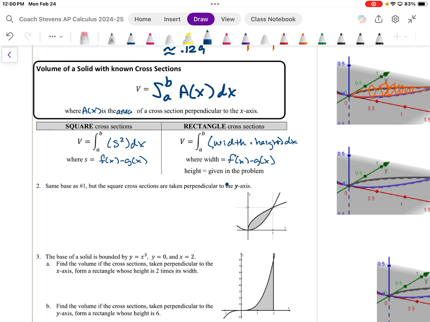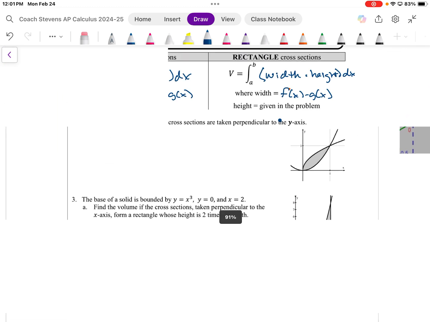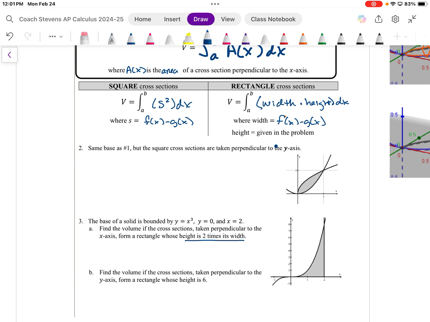They'll tell us that the height may be a physical number, or it may be something times the width. We see an example of that coming up down here. Look at 3a, just a little foreshadowing. It says the height is 2 times the width. So whatever the width equation is, I have to multiply it by 2, and that's the height of the problem. So you're not going to have to solve for it. They're going to tell you physically what the number is. We have an example of that in our notes coming up.